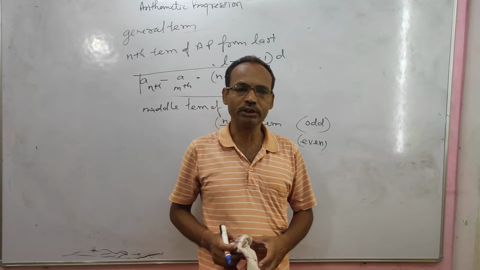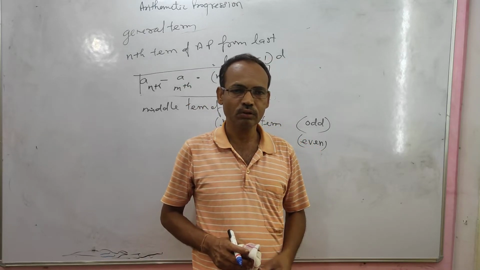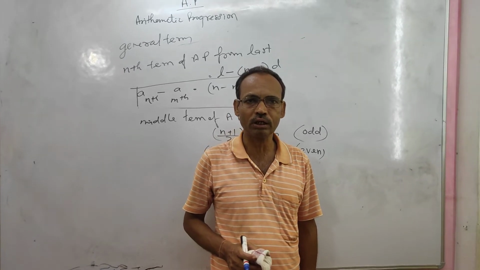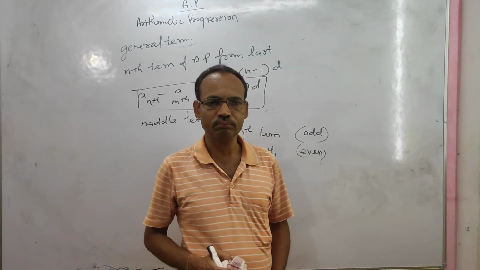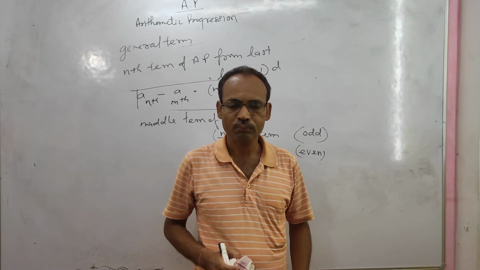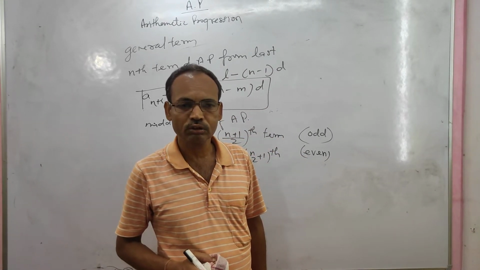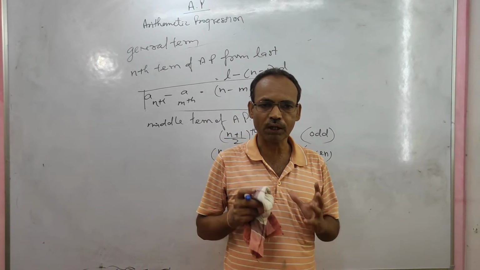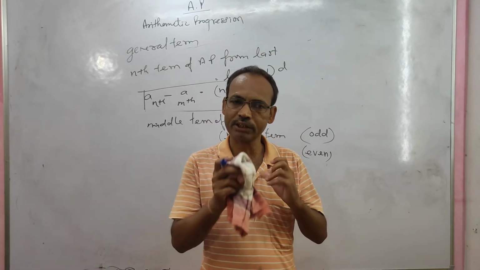There are two exercises in AP. The first is to get the general term, the nth term from the last term, and the difference of two terms. But in the second exercise, the formula is for the sum of n terms.